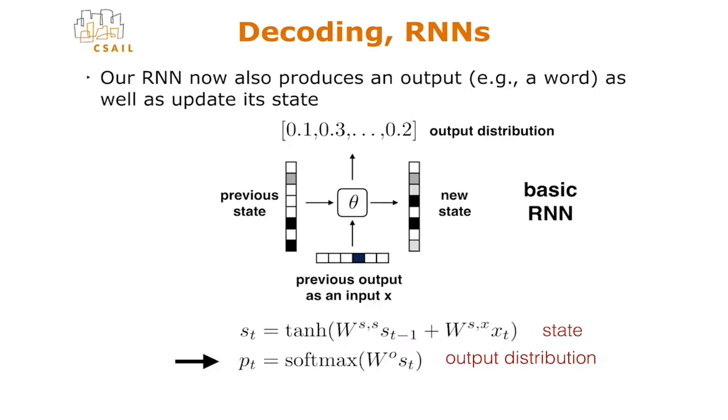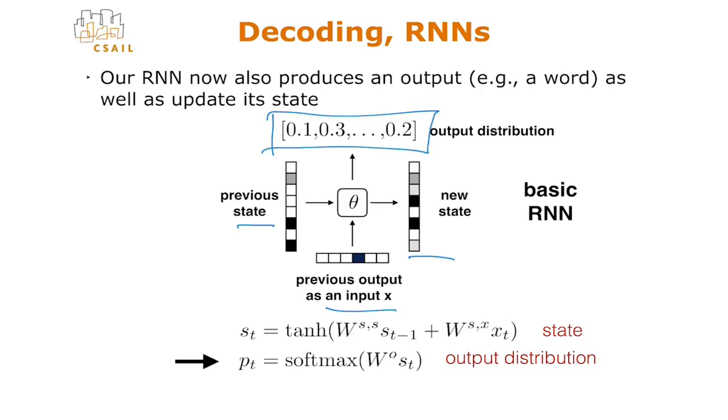We can represent our RNN in terms of the boxes as we've talked about before. Now we take a previous state, the input, transform that into a new state, but then also derive from the state that we just calculated a probability distribution over the next possible words.